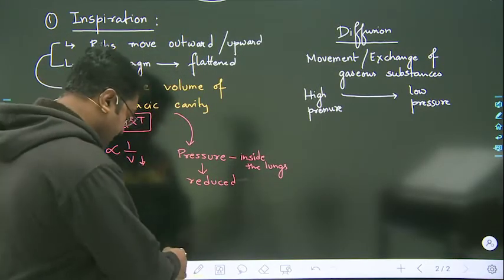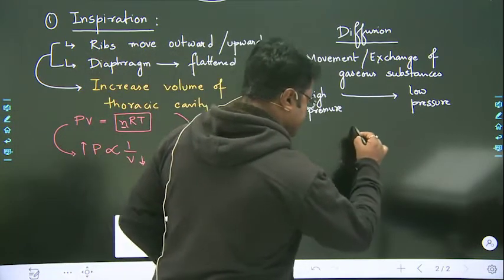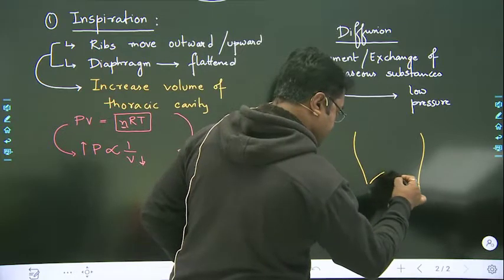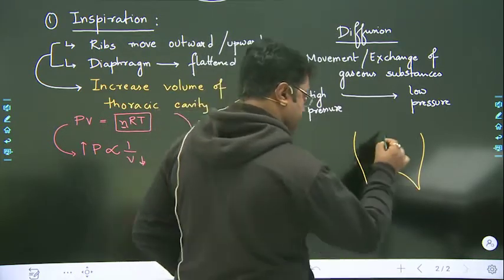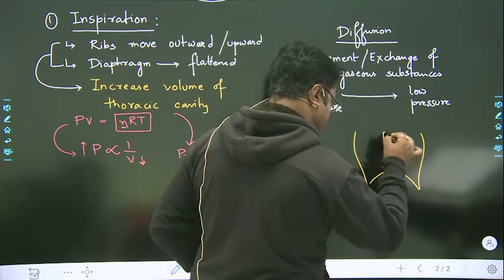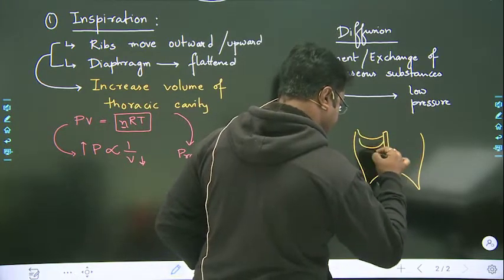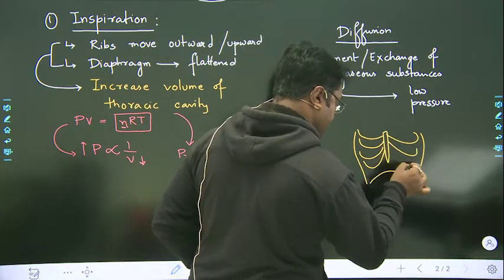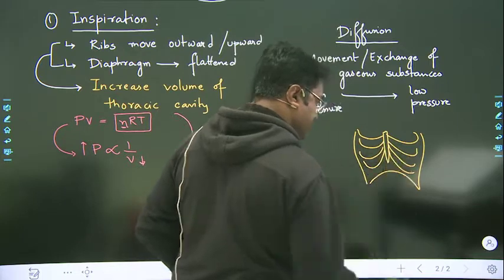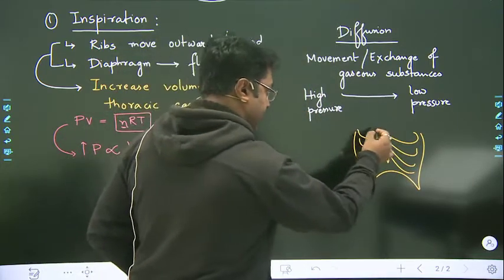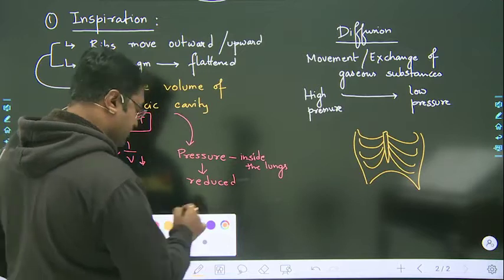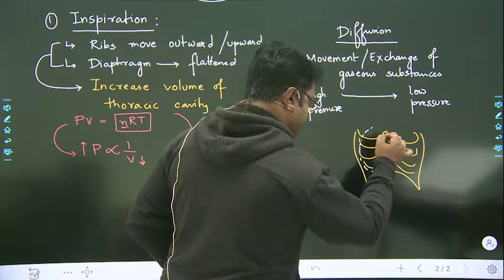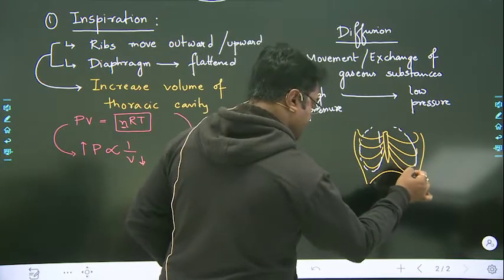Clear? So this was the normal position of the diaphragm. This was the sternum along with the ribs. Clear? And suppose these are the two lungs over here.